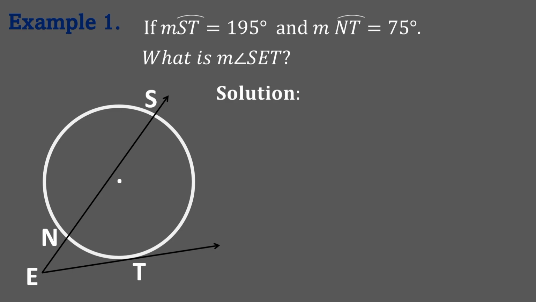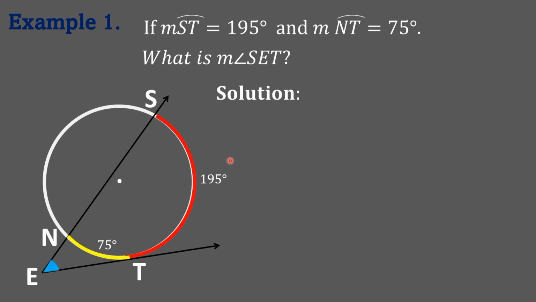Example 1. If the measure of arc ST is 195 degrees and the measure of arc NT is 75 degrees, what is the measure of angle SET?